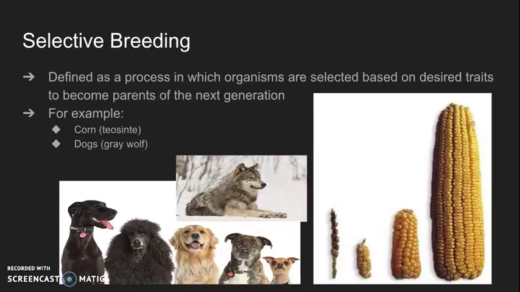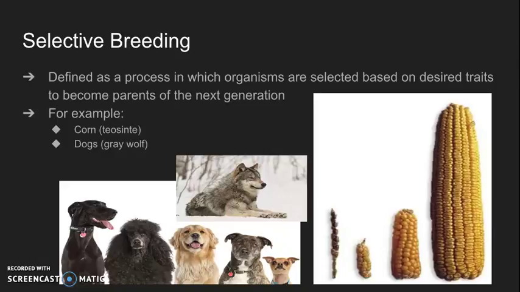Farmers were able to select teosinte and through generations would choose teosinte plants that would produce larger seeds that they could then eat. And you can see that as we move along the pictures of the corn, moving from left to right, this becomes bigger and bigger to eventually what we see today in modern day corn.